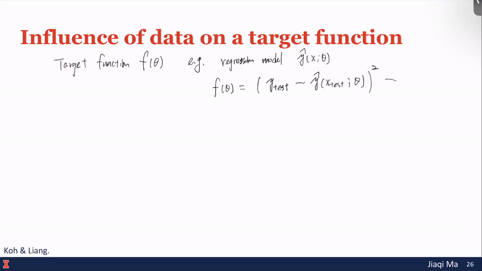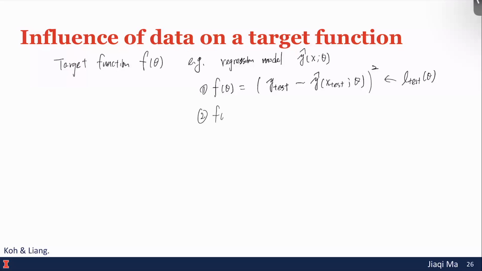So this is an L test. You can write it as the test loss, basically the loss on a test point. It could also be just the model output. This is the first example.